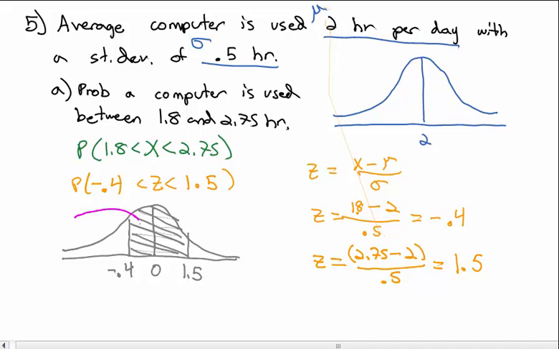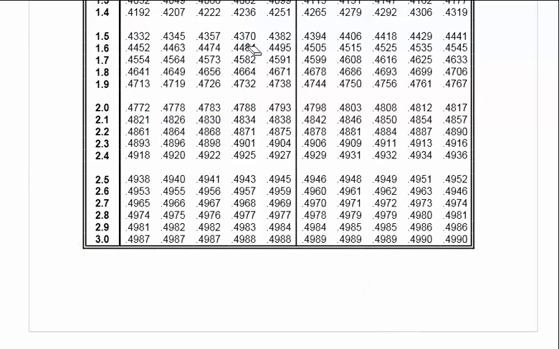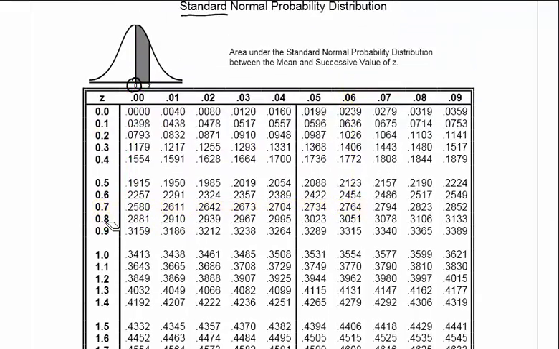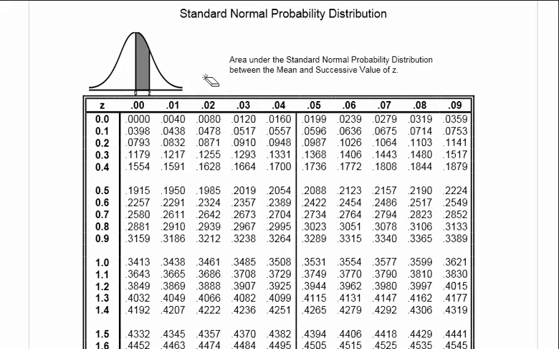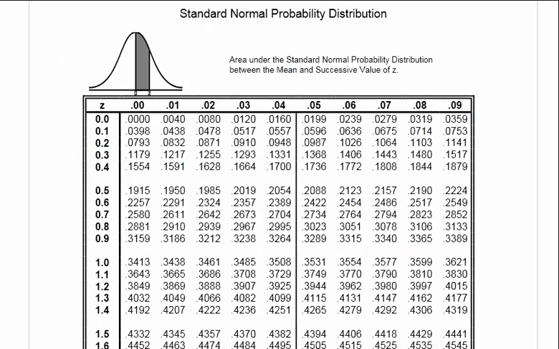So let's go to our table to find the left and right side. First, the 0.4. And I'm going to clean up my table here because it's getting crowded. You probably don't want to write on your table. All right. 0.4 on the table. There was nothing after the 0.4, so it must be 0.40.